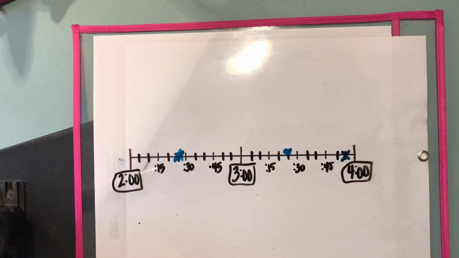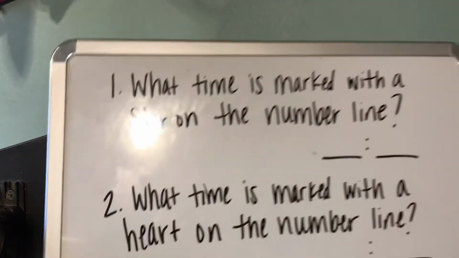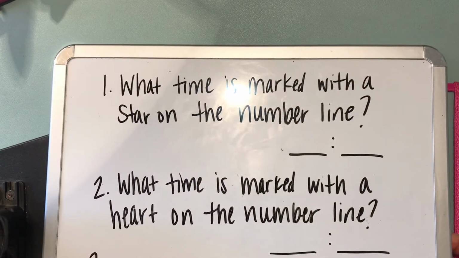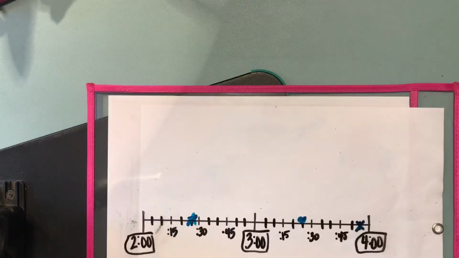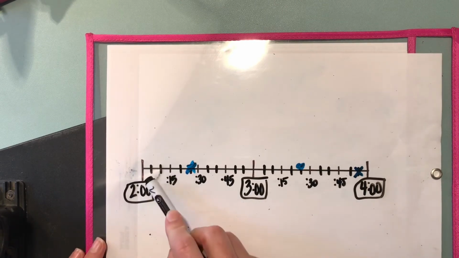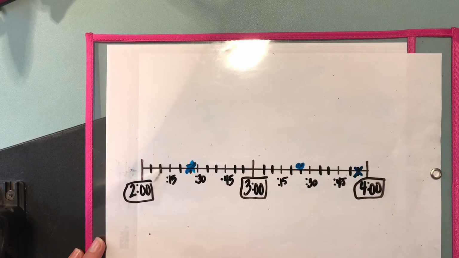So let's look back at our question. What time is marked with a star on the number line? You have to look at the number line and ask, where's the star? See the star here. Each line represents 5 minutes. Here's 2:15 right here.